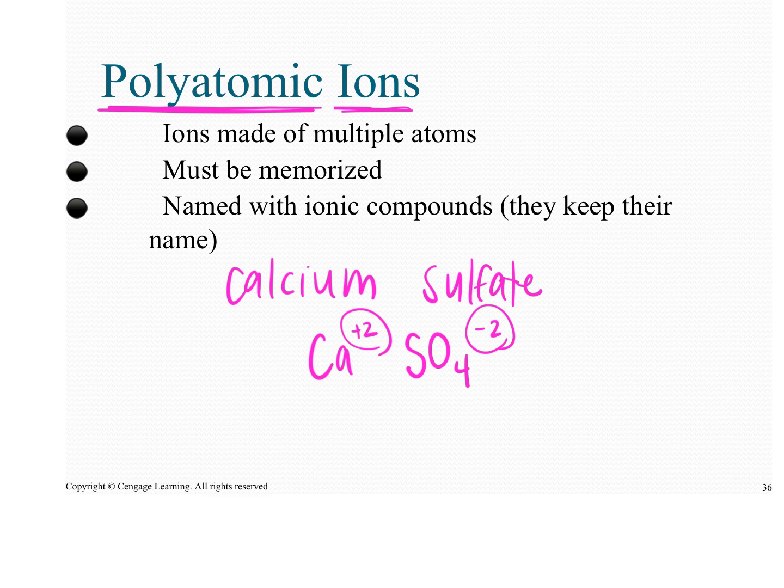Nope. The 4 stays. The SO4 is its identity, so SO4 never gets separated. It stays together. It's like you're just working with S, right? So it fits together 1 to 1 because this one is a -2 and a +2. So my final formula is just CaSO4. That's it. We don't alter sulfate at all, right? It stays SO4 because if we change it, it's not sulfate anymore. Okay?